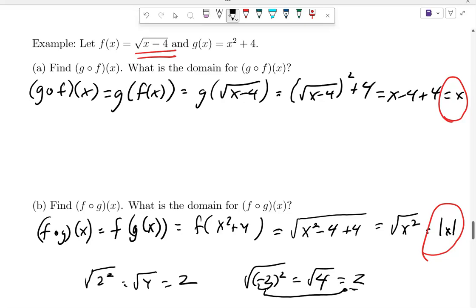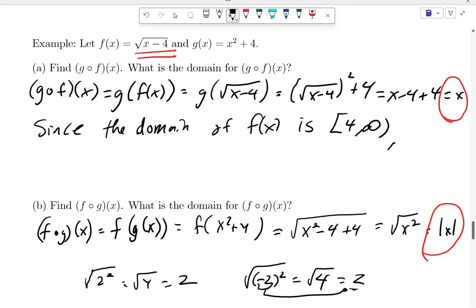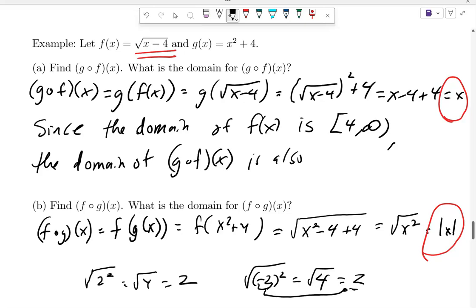So since the domain of f of x is 4 to infinity, my g of f of x can't have a bigger domain. Okay, so the domain doesn't change in this case.